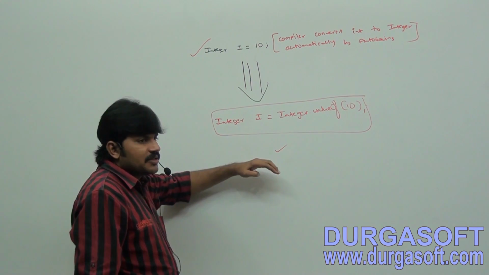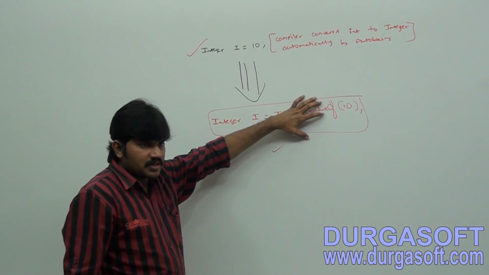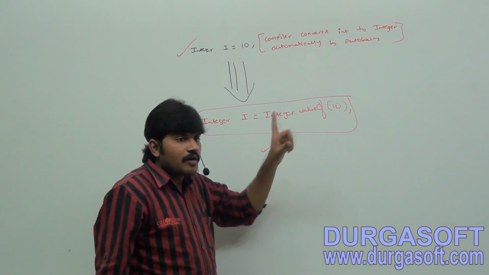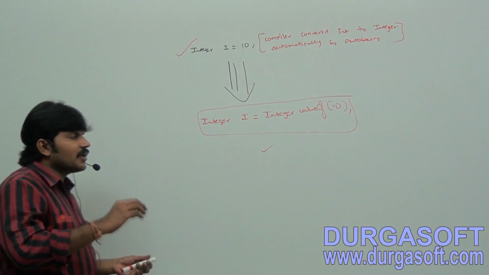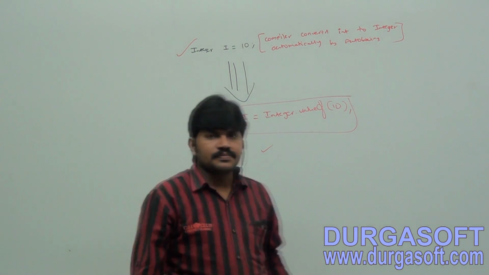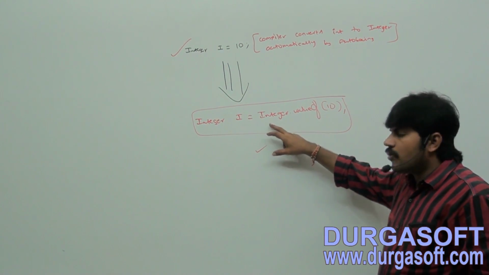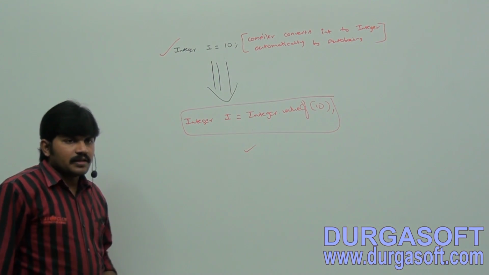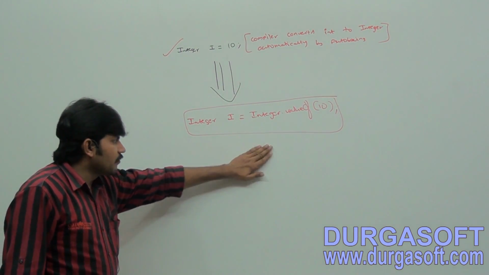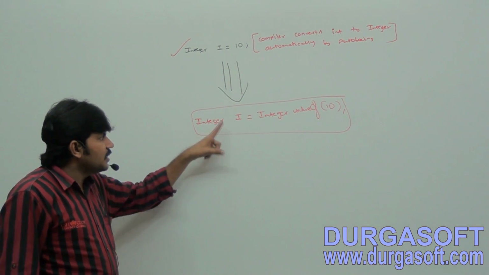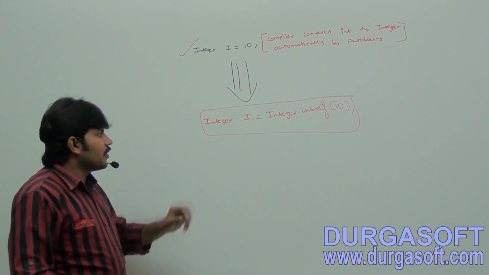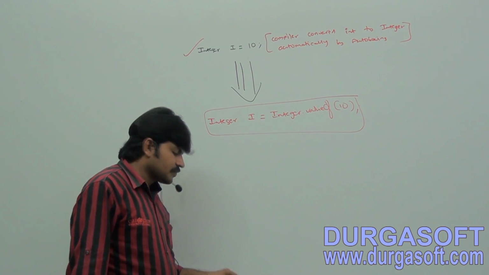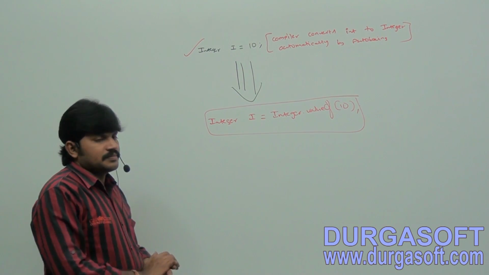Internally, the autoboxing concept is implemented by using the valueOf method.